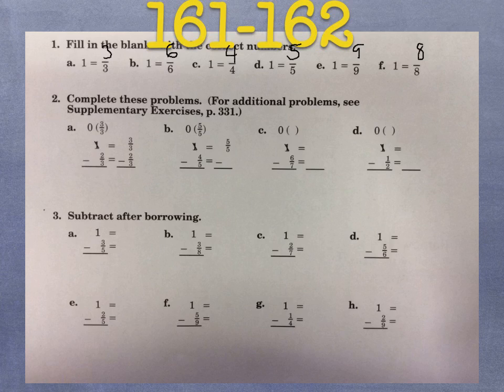Well, they've borrowed from the 1, and they made it a 3 over 3. And then they just moved everything over this way. And now 3 over 3 minus 2/3. Because remember, 1 does equal 3 over 3. 3 over 3 minus 2 over 3 leaves us with 1 over 3.